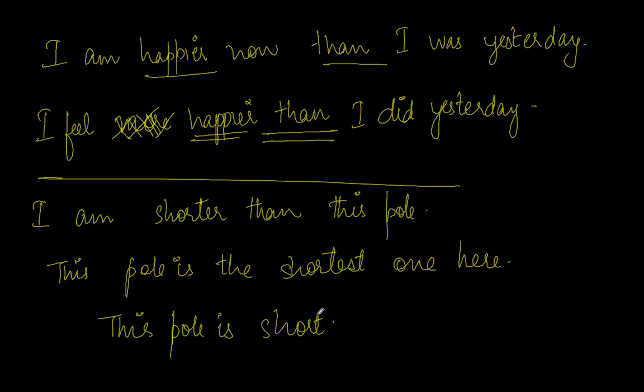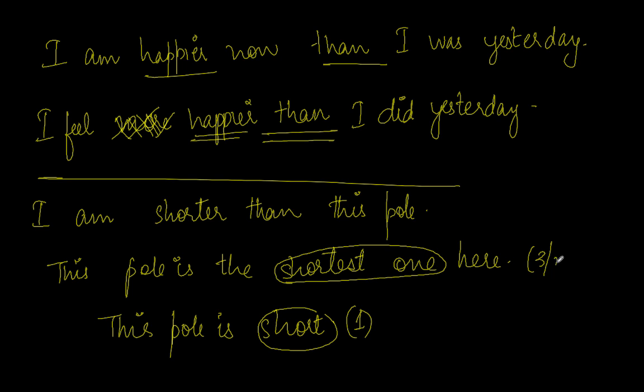In this one, I'm using the positive degree because I'm talking only about one pole. In this one, I am using the superlative degree because I'm talking about all poles, and this pole is the shortest one. And in this one, I am shorter than this pole. I'm comparing only two things, so I'm using the comparative degree. So that is how you need to use them in your real life.